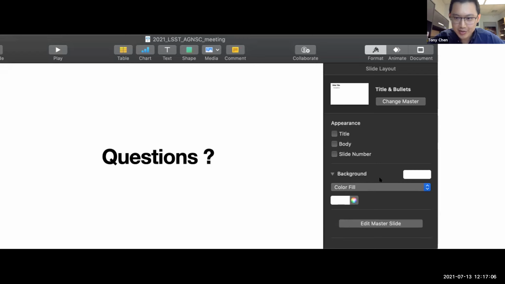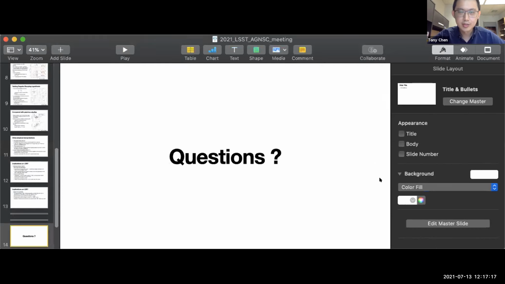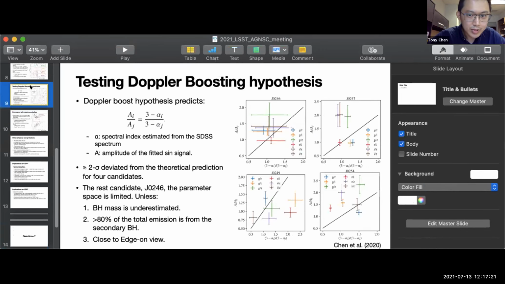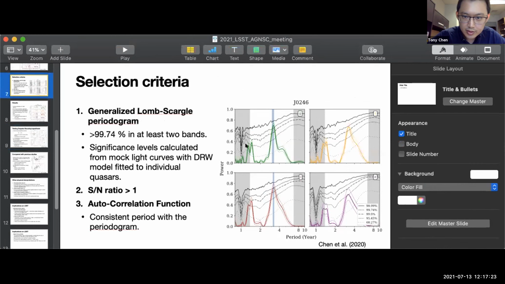Oh, yeah, so I see Luke asking how the up to 1/3 false positive comes about.